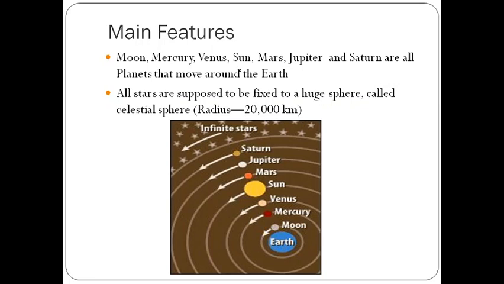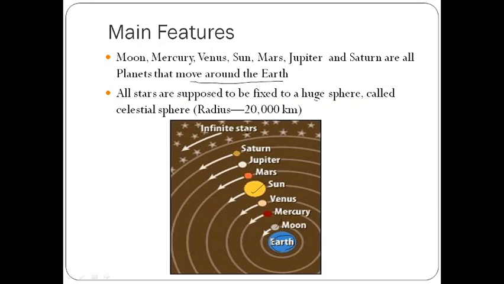Now the main features of this model proposed by Ptolemy are that the moon, Mercury, Venus, Sun, Mars, Jupiter and Saturn are all planets that move around the earth. So as you can see here, earth is situated at the center, which is stationary, and all other planets including moon and sun are moving around the earth.